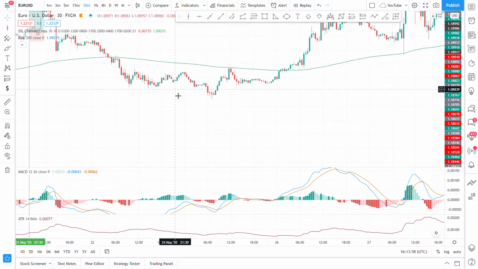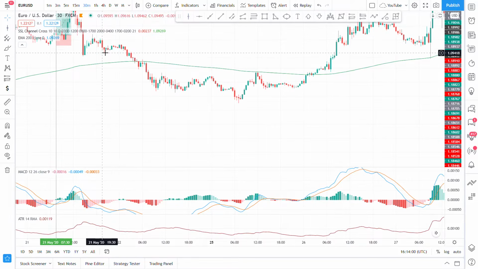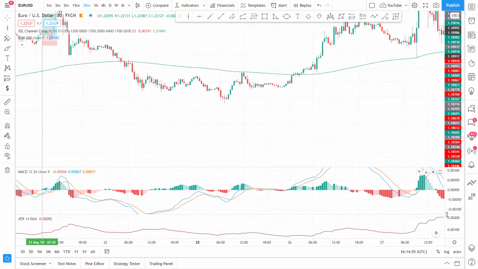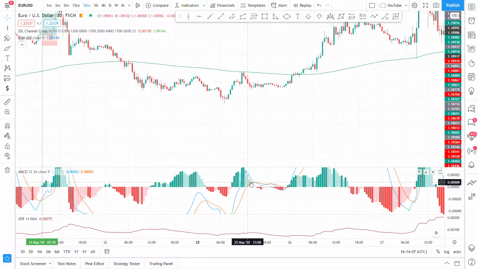Now let's look at a short example. You have the price going below the 200 EMA. You can see MACD is crossing above the zero line and made a cross back down on this candle.